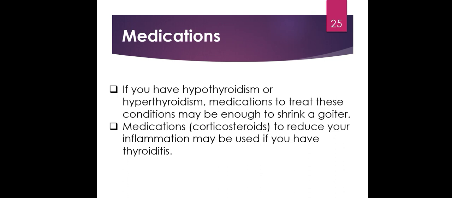If you have hypothyroidism or hyperthyroidism, hypo means low level of iodine and hyper means high level of iodine. Medications to treat these conditions may be enough to shrink a goiter. Medications like corticosteroids to reduce inflammation may be used if you have thyroiditis.